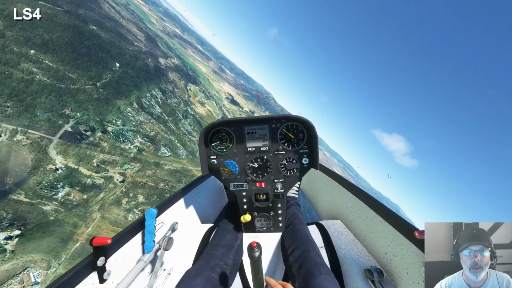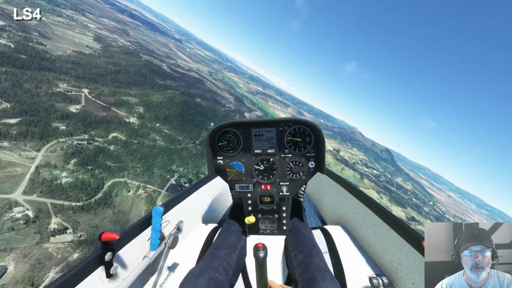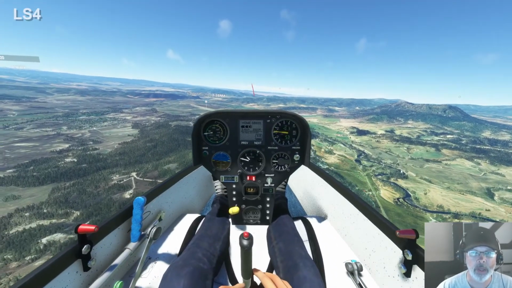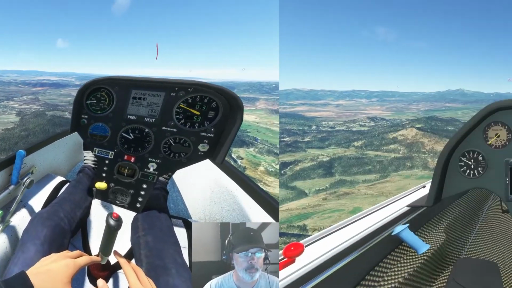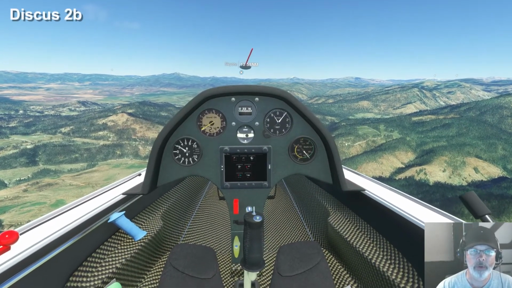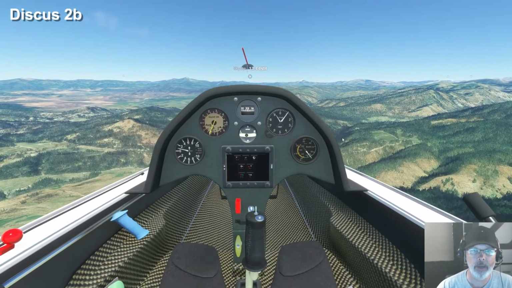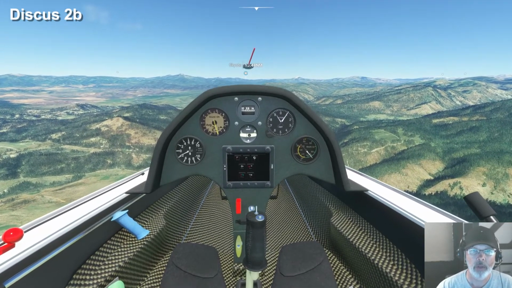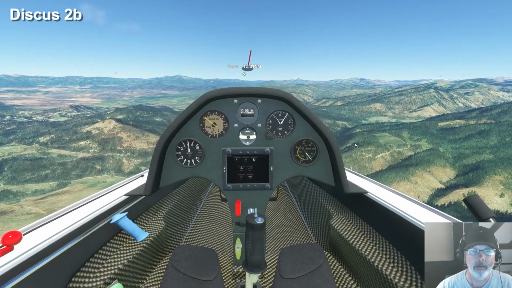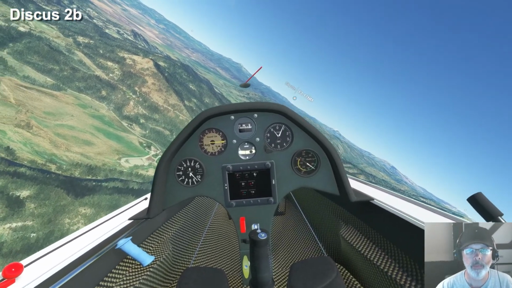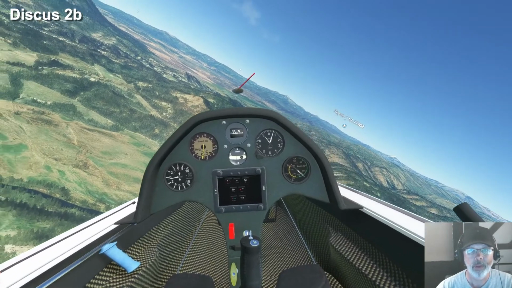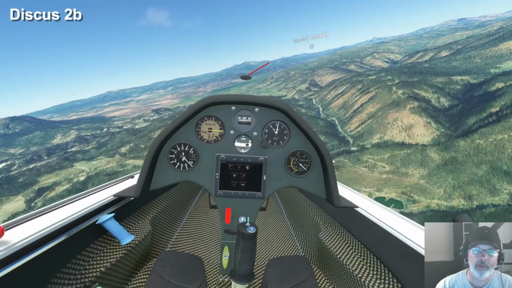Zero adverse yaw as far as I can detect on the LS4. Alright, this is an early version of the Discus 2B, 2 Bravo, not the 2C. Let's see what this one does. Yeah, not much adverse yaw there either.